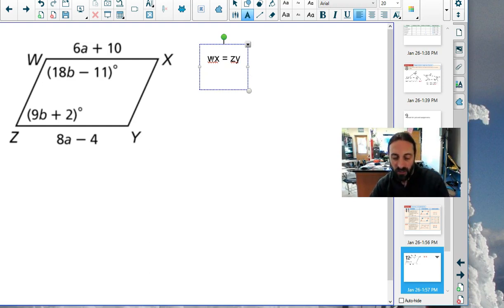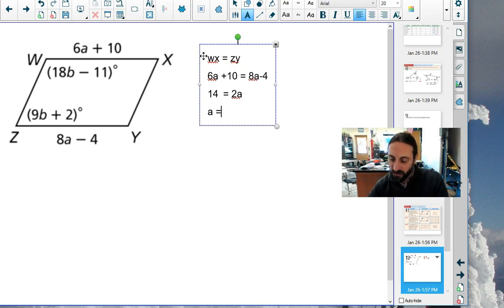So here it is, 6a plus 10 equals 8a minus 4, right? I'm going to add 4 to both sides and subtract 6a from both sides, so I get 14 equals 2a, and of course a equals 7 when I divide both sides by 2.